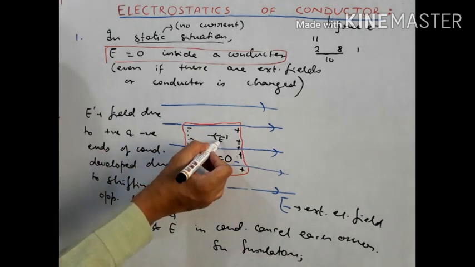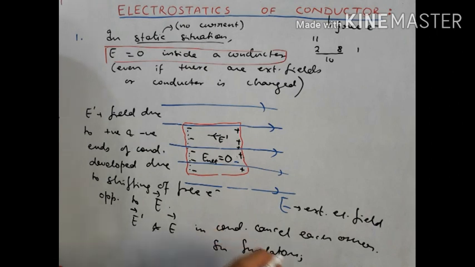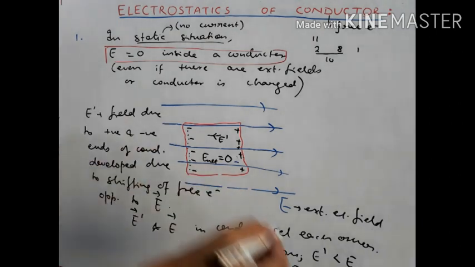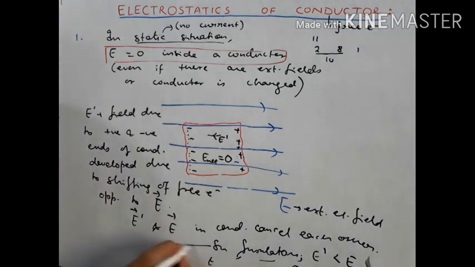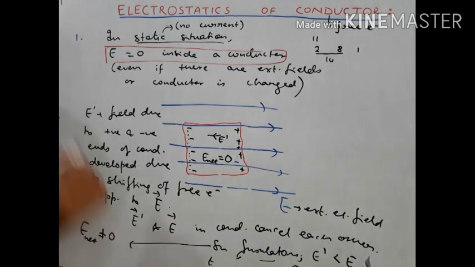Due to polarization, the field E dash developed in insulators is less than E, and therefore the net electric field in insulators is not 0, it has some particular value. So E net in insulators is not equal to 0.